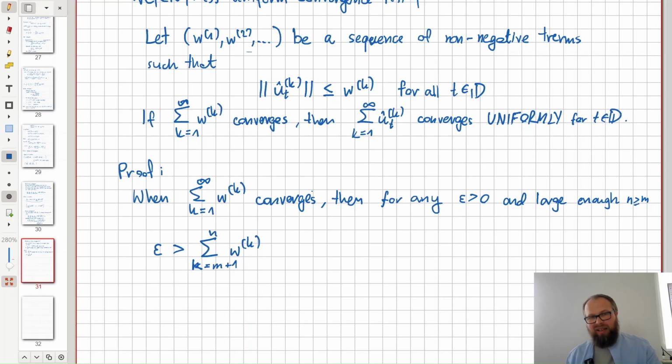But this is greater than the sum of our tested series by the domination, and this by triangle inequality is greater than.